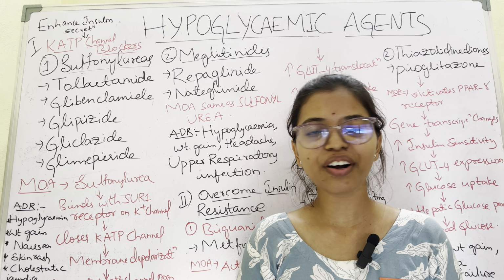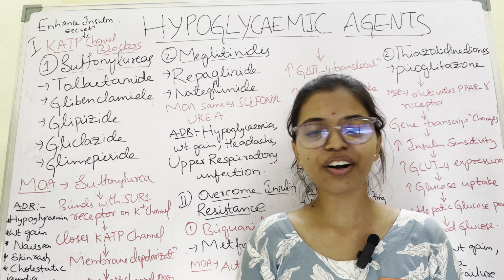Yes, let's discuss the mechanism of all these drugs. Any sulfonylurea drug binds with the sulfonylurea 1 receptor, the SUR1 receptor. There are two types of sulfonylurea receptors: SUR1 and SUR2.